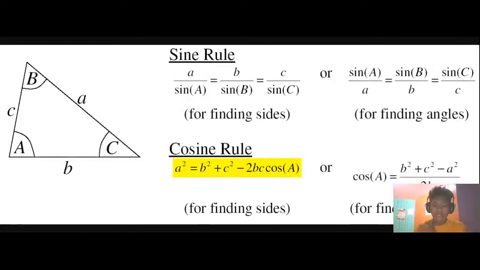But when it comes to calculating the degrees of an angle, that's when you resort to the sine and the cosine rules.